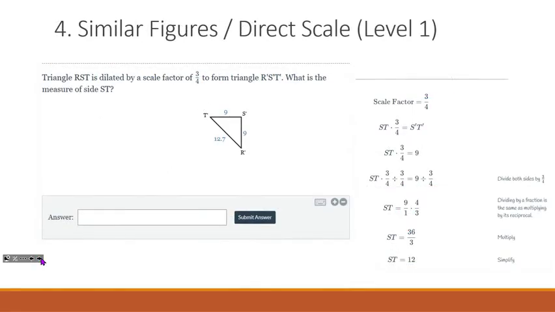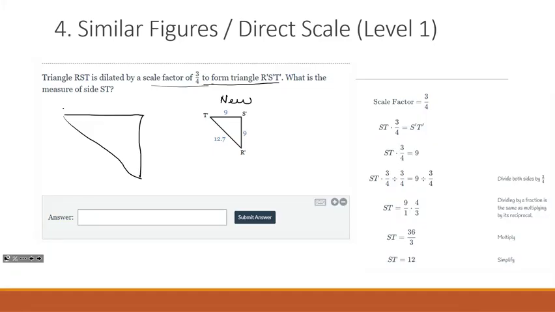All right, we've got triangle RST is dilated by a scale factor of 3/4 to form. To form means that this is the new one. It was a scale factor of 3/4. The new one's only 3/4 of the old one, which means the old one was bigger.